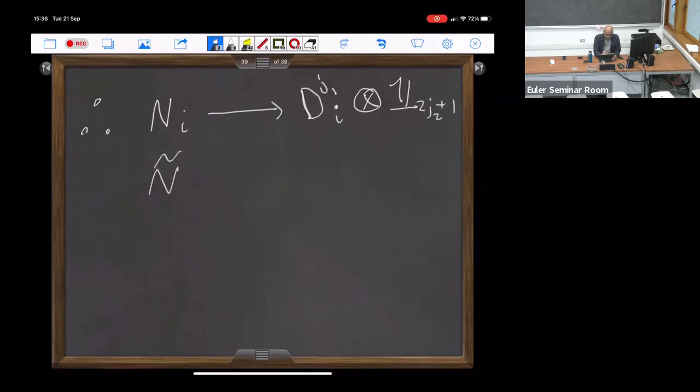So therefore, Ni is represented by dj1 tensor the identity matrix of this dimension. And the other SU2 is the same sort of structure, but the other way around.